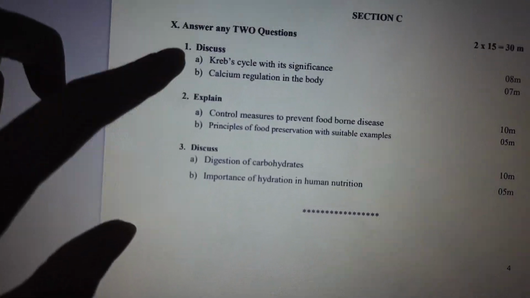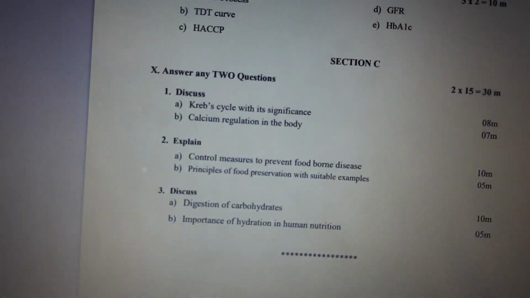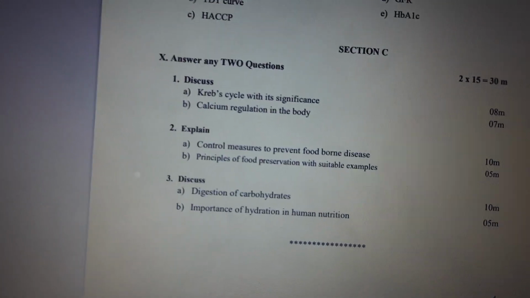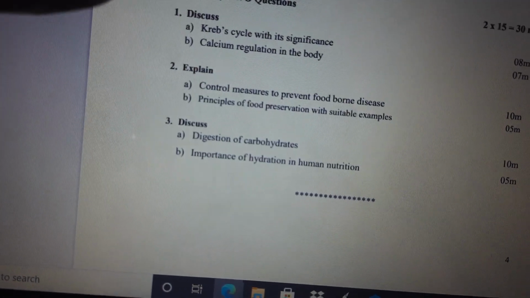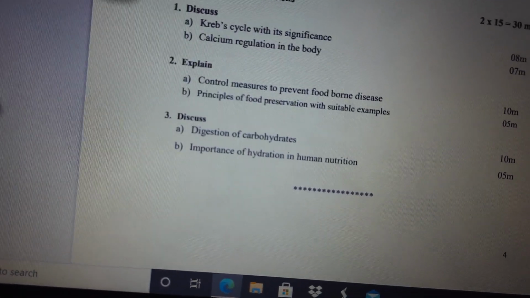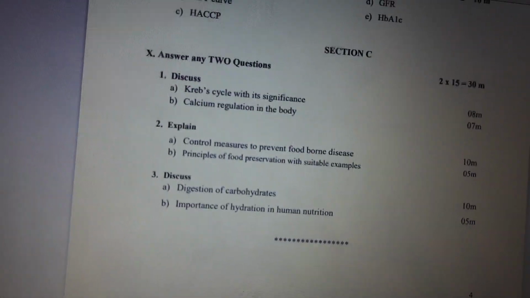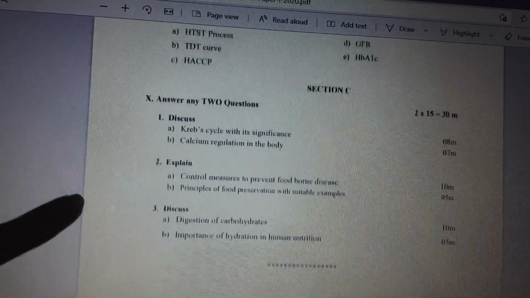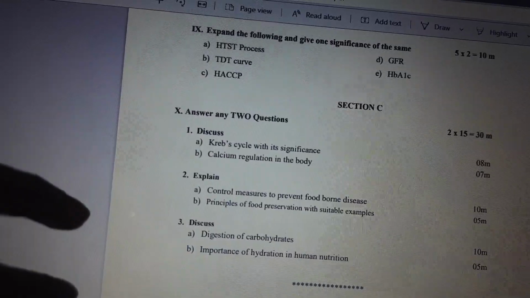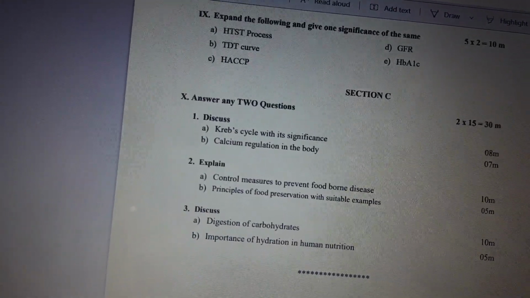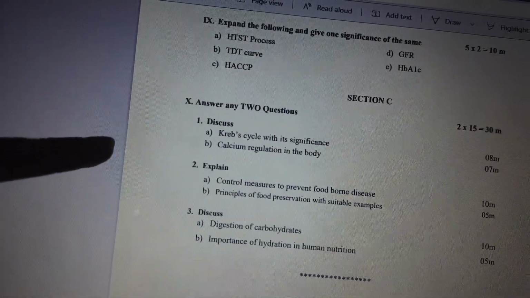So there's a choice in them and each question is of 15 marks. So I guess we need to choose a question which we can describe and expand at least to that length, which can give us 15 marks.